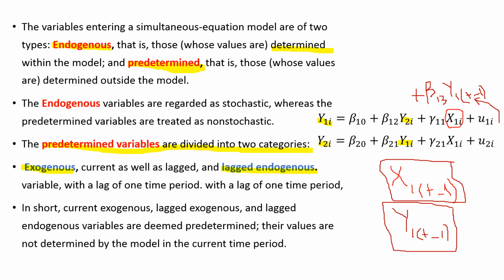Again, it is an explanatory variable, a predetermined variable. So finally, we can conclude that current exogenous, lagged exogenous and lagged endogenous variables are deemed predetermined. Their values are not determined by the model in the current time period.